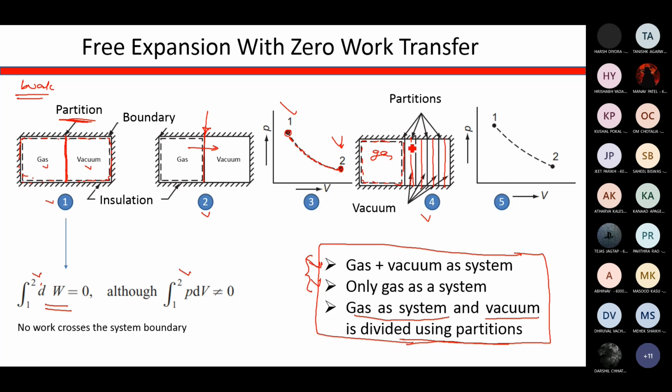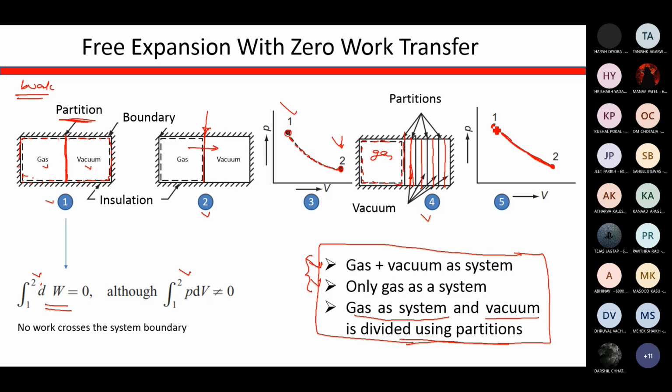So similar kind of thing is happening here. I am using a large number of partitions, and you have to take out one partition at a time. If you do the experiment this way, then you may think that I can trace the in-between states also, because all states will be in equilibrium. So I can represent this process path using a continuous line. This is what you may argue. Correct?